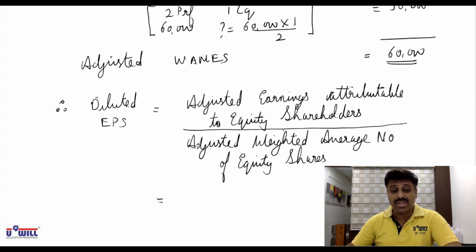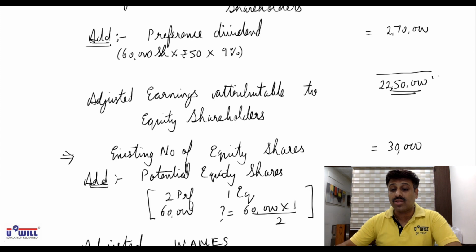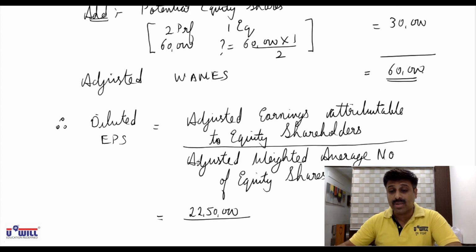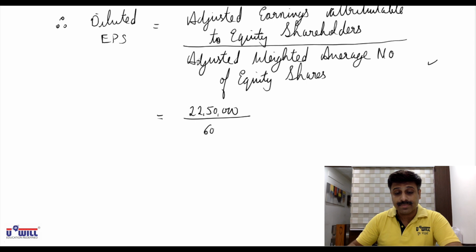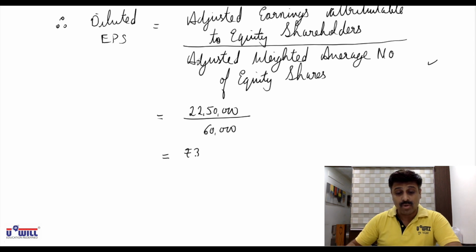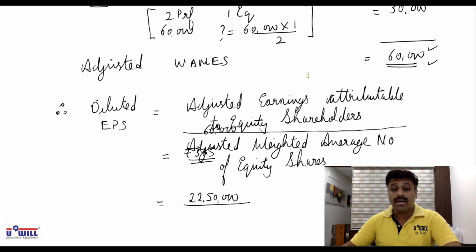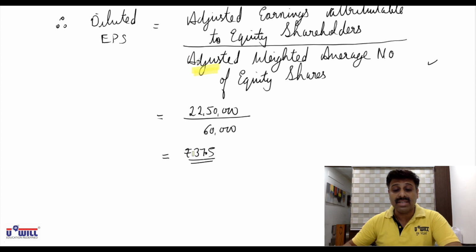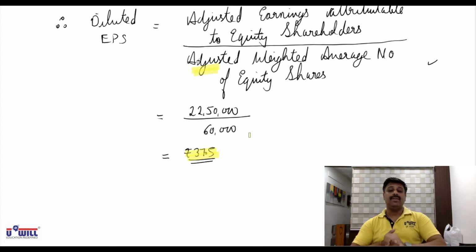Now, what are adjusted earnings attributable to equity shareholders? 22,50,000, divided by what are adjusted weights? 60,000. So 22,50,000 divided by 60,000, 37.5. Now you all can see that earlier the EPS was 66. Now the EPS is 37.5. Has it gone down or not? This is what is called diluted EPS.